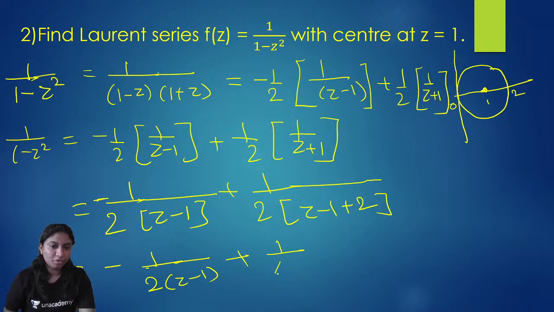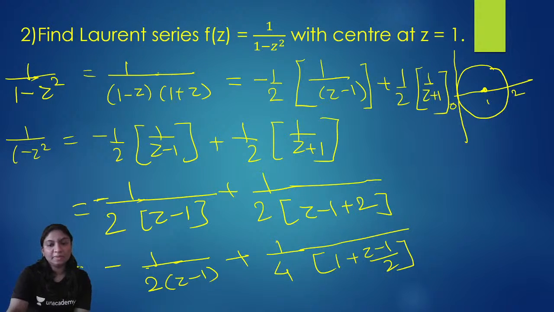Taking 2 common, here you will get 1 plus (z minus 1) by 2 bracket raised to minus 1, because ultimately we have to convert into either the form of 1 plus z or 1 minus z. Or you can take z common, 1 plus 1 by z is also okay.